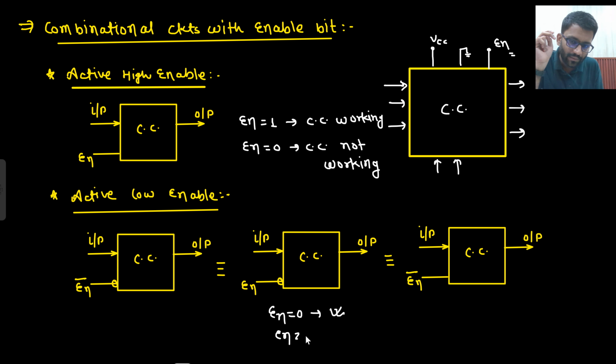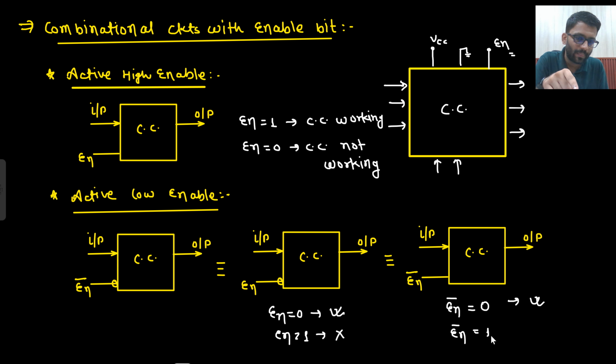If EN is 1, my circuit is not working. And here EN bar is written. Basically, in place of EN bar, if you apply 0, then it is working, and in place of EN bar if you apply 1, then it is not working.